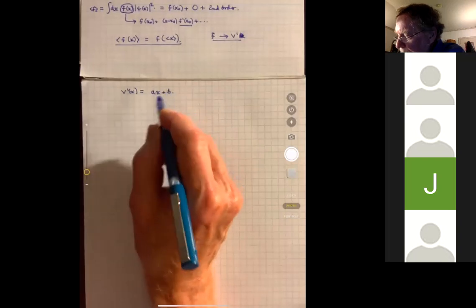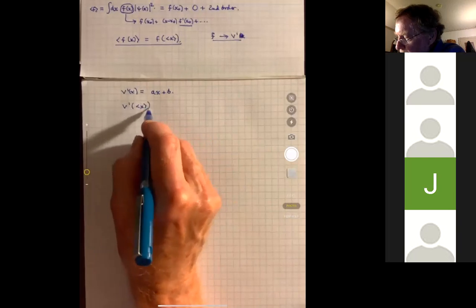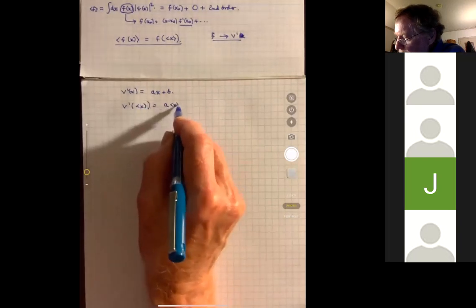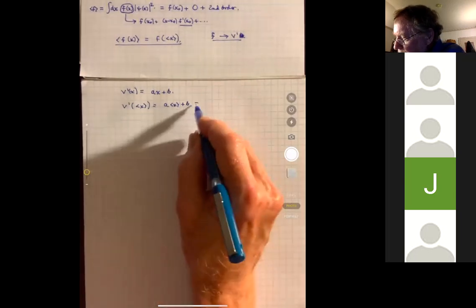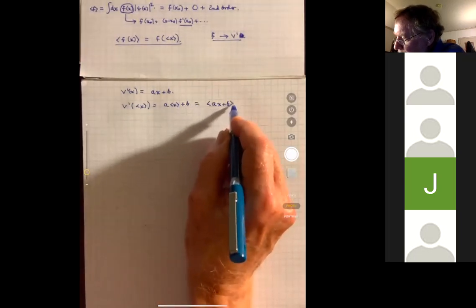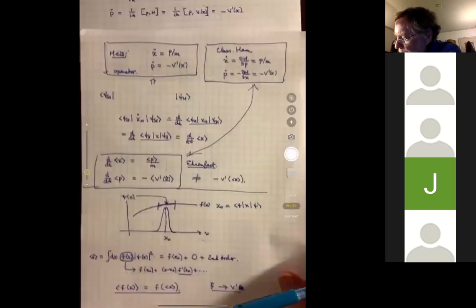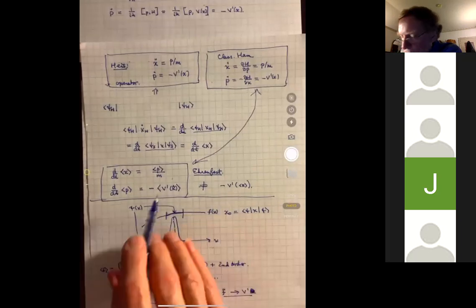It has to look like that. And so v prime of the expectation value of x is equal to a times the expectation value of x plus b. But that's the same thing as the expectation value of ax plus b. And so in that case, this inequality up here can be replaced by an equality.